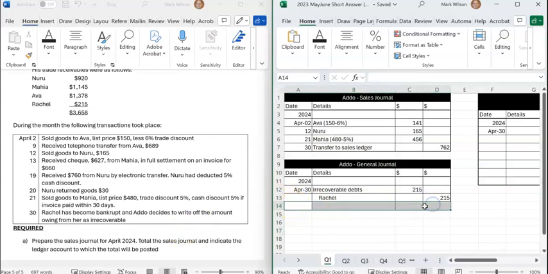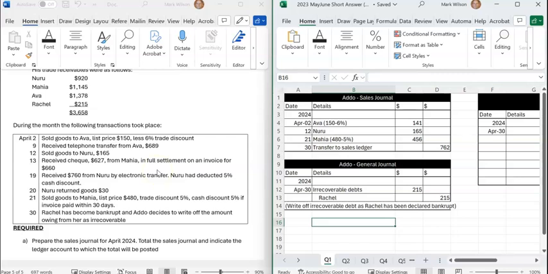And you asked for a narration, so we better give that one. And we're going to type in write off irrecoverable debt. So it gives you an understanding of why you did that one above. Nice and easy. Good.